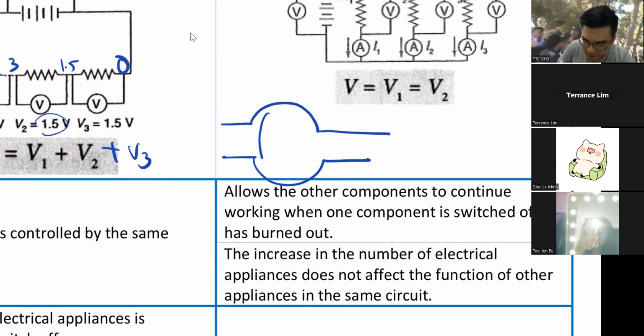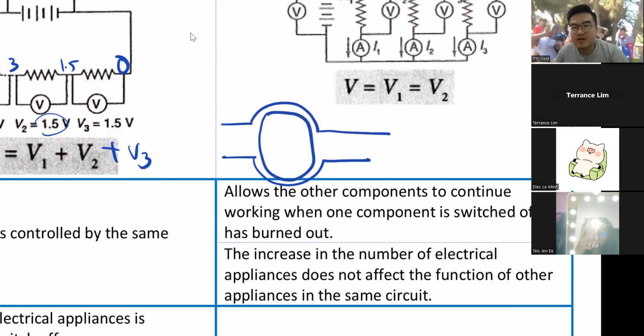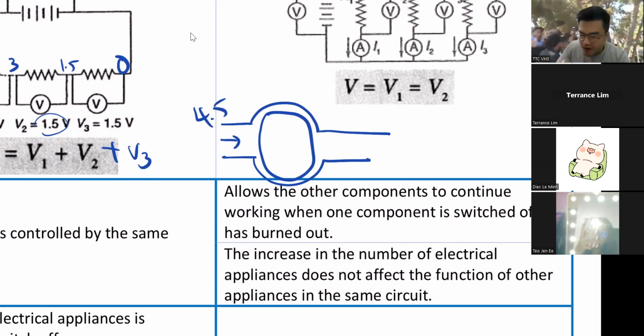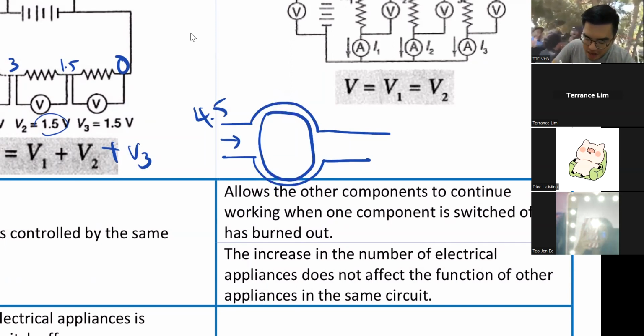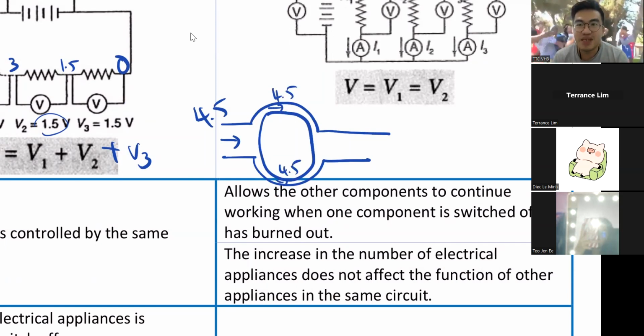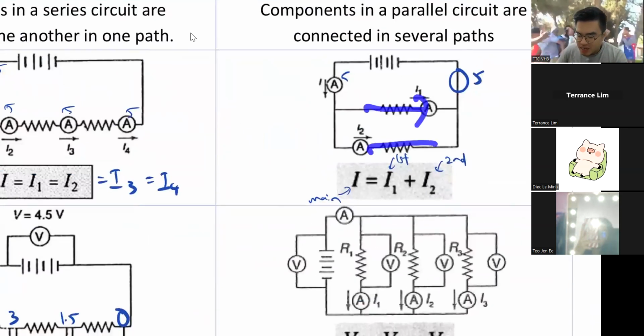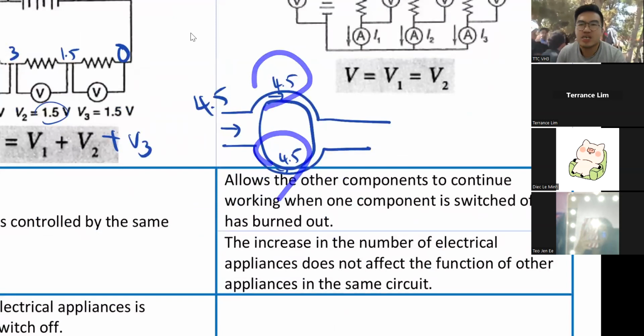Your parallel river, if you start with a speed of 4.5, let's say 4.5, and I split into smaller rivers, the river got smaller, but the speed never changed. Only the width is becoming smaller, but the speed is not changing.